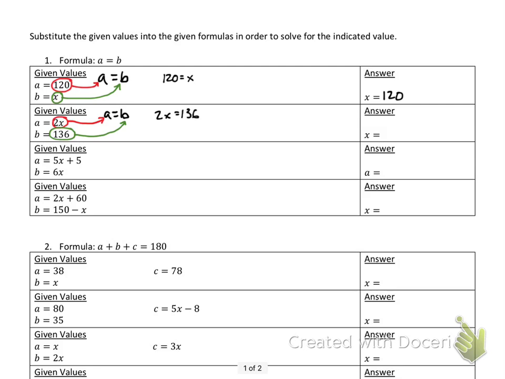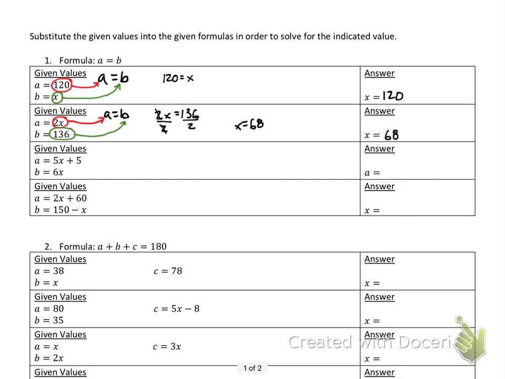What do I do to solve for x now? Divide by 2. We want to get x by itself. We isolate the variable, and then we're done solving the equation. So I'm going to divide by 2. And x in this case is going to equal what? Okay, x equals 68. That's my final answer.